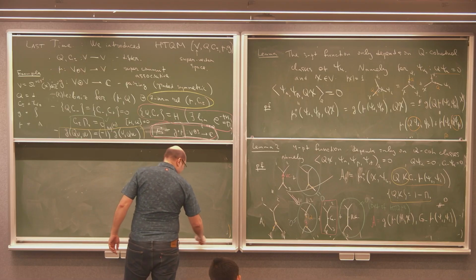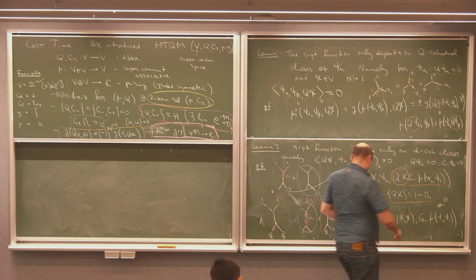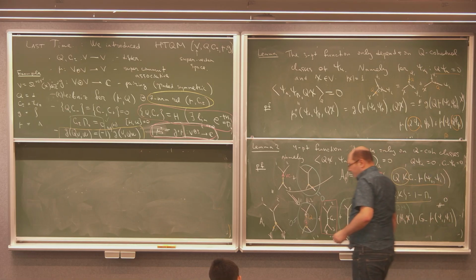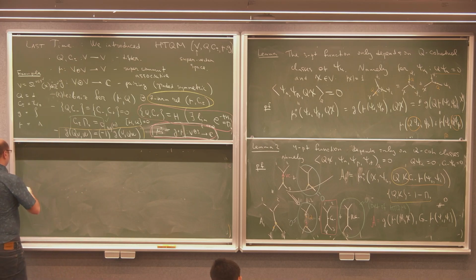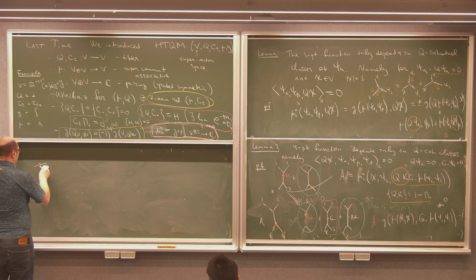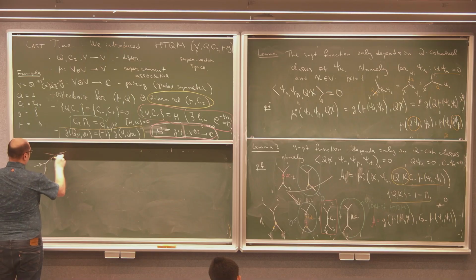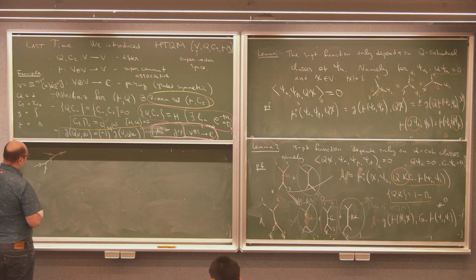So graphically, the 7-term relation, let me use orange points. What is the picture? We have two incoming states, so we have a picture like this.